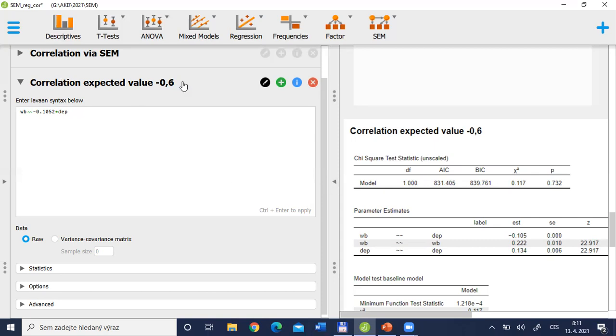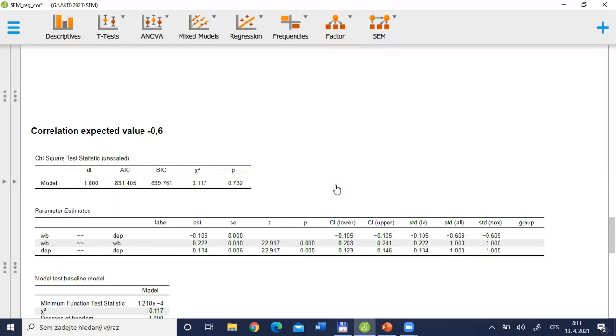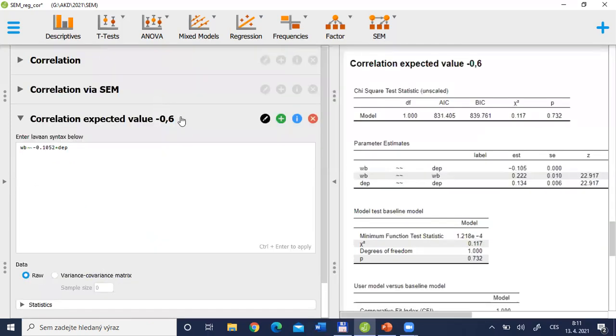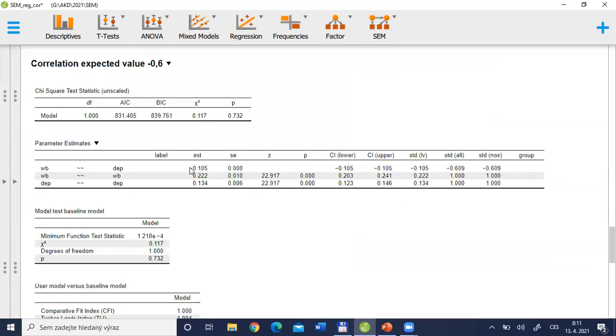So here we are testing whether the correlation could be minus 0.6. And if I sum up the basic results very briefly, we can see that we have received 1 degree of freedom, as we are saving 1 degree of freedom by fixing the value of covariance or correlation. So here is the value of covariance, and here is the value of the pre-specified correlation.